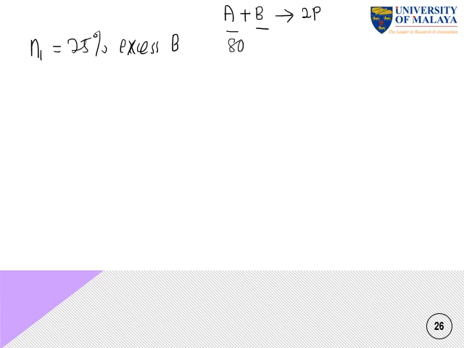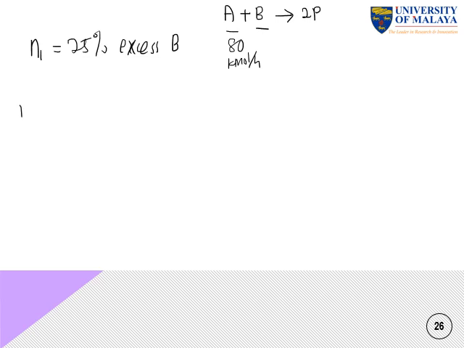In this case, it's easier to start with finding N1 because N1 is 25% excess B. You know, from the reaction A plus B produces 2P, 1 mole of A requires only 1 mole of B. So in this case, using a basis of 100 kilomole per hour, your input is 80 kilomole of A per hour.